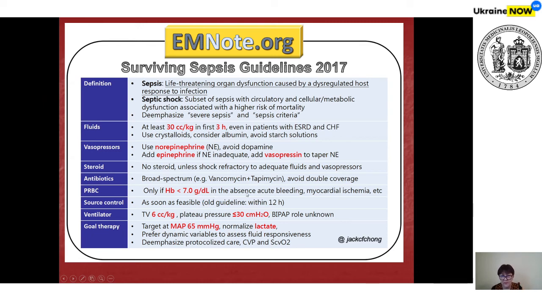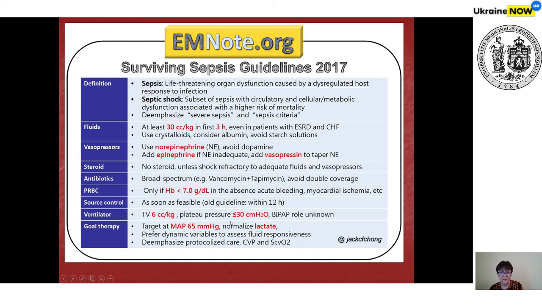In old guidelines, it was within 12 hours. And the ventilation parameters, it's called lung protective ventilation with tidal volume 6 ml per kg of ideal body weight, with plateau pressure less than 30 centimeters of water column.